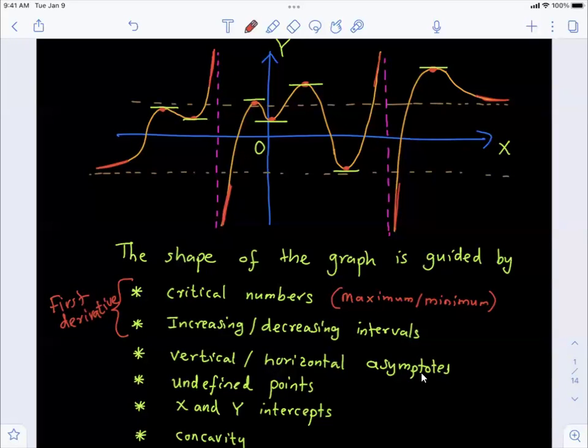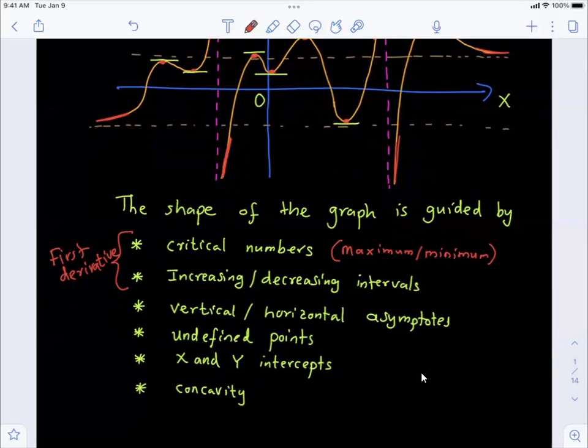Why did I want to emphasize the first derivative? Because there will be a role of the second derivative in this conversation soon, and you will see that. And then apart from that, you can clearly see we can guide the graphs through the vertical and horizontal asymptotes, and vertical asymptotes are defined by undefined points on the domain. Those are exactly the points that are not included in the domain, and at the same time the function has an infinite jump at those points.